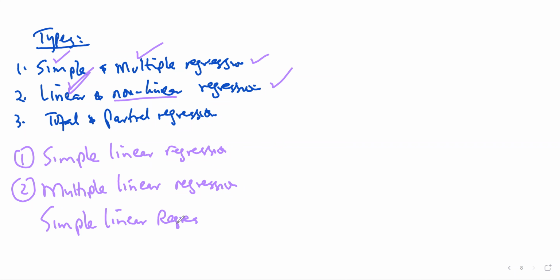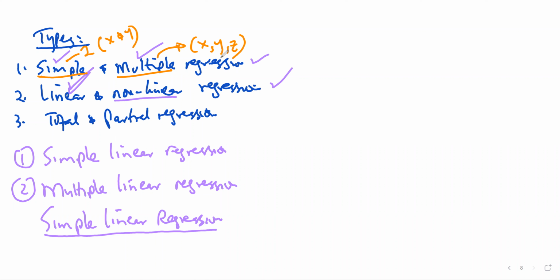Simple linear regression. Maybe before I explain what that one is, I may want to start by saying that simple regression is a regression that entails only two variables, say X and Y. Multiple regression entails more than two variables, say X, Y, and Z, or maybe W, X, Y, Z, or X1, X2, X3, all the way to Xk.